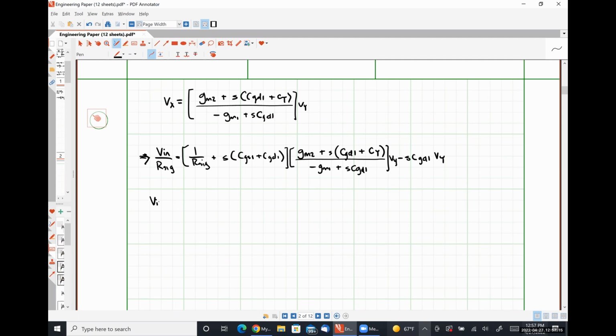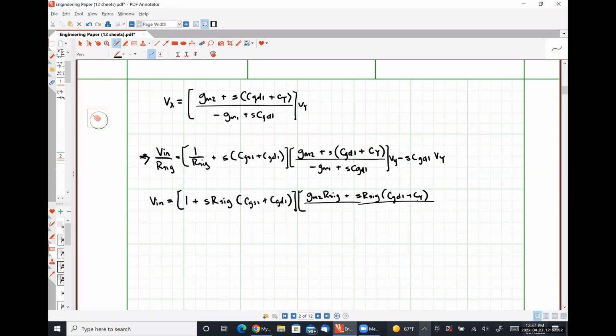So this is giving us Vn is equal to 1 plus S R sig (CGS1 plus CGD1), and then up here I'm going to have GM2 R sig plus S R sig (CGD1 plus CY).